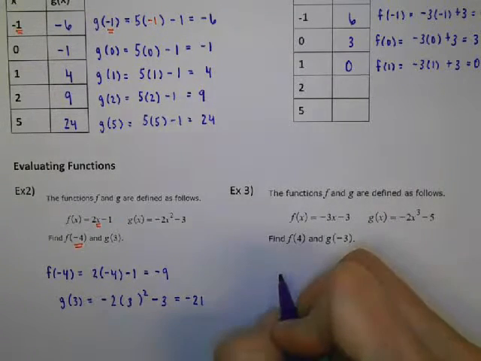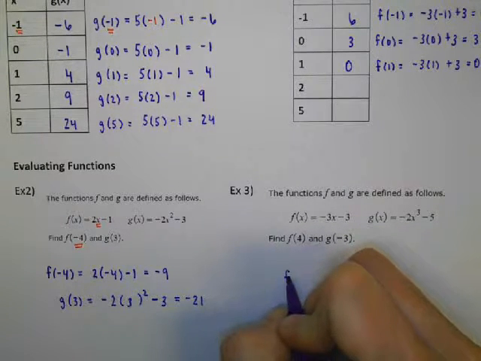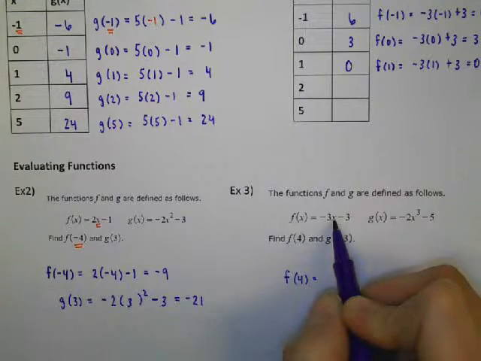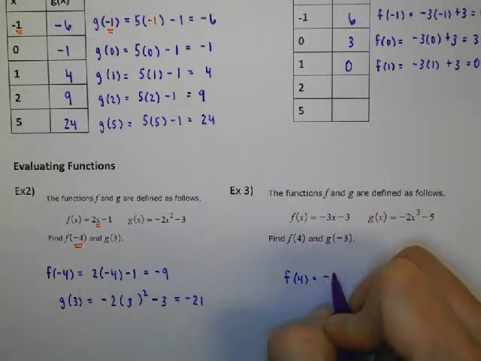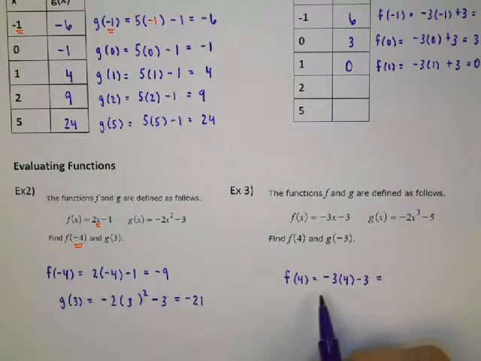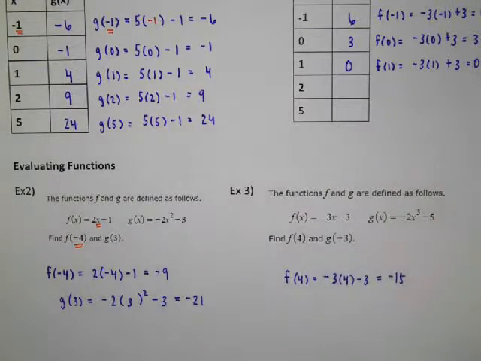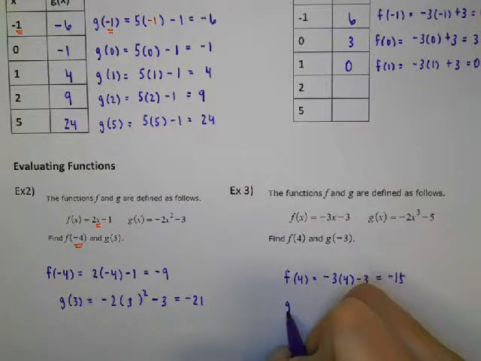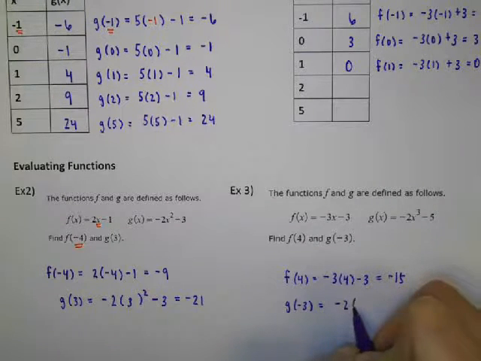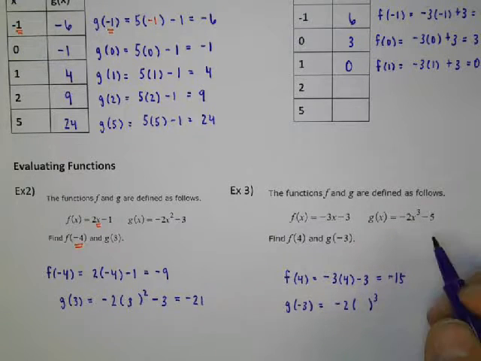Okay, same thing here. Now I have two new functions. Again, f of 4 says wherever you saw x in your original equation, we're going to replace it with 4. So now I have negative 3 times 4 is a negative 12, minus 3 is a negative 15. For g of negative 3, I have negative 2. Again, I have to be careful with parentheses because my x value is going to be cubed.